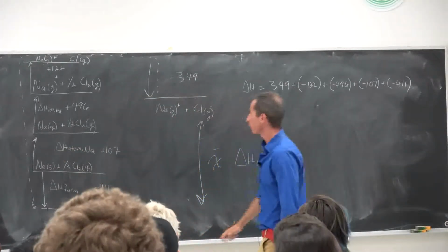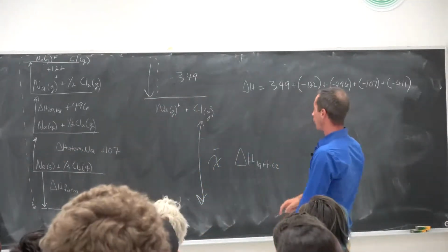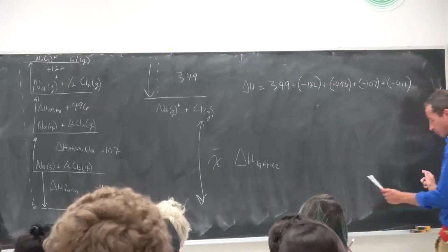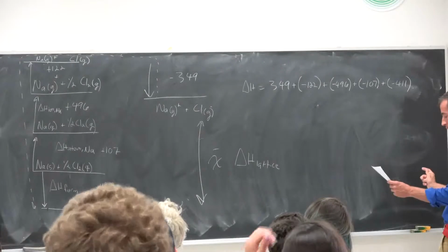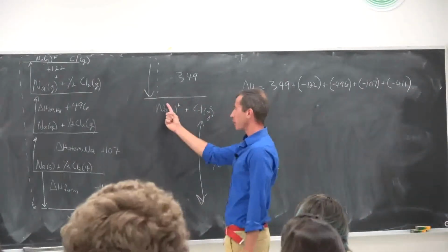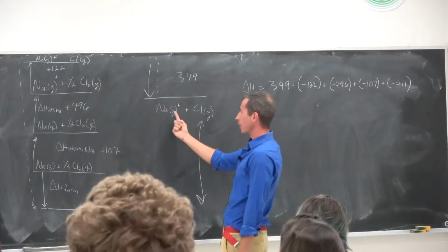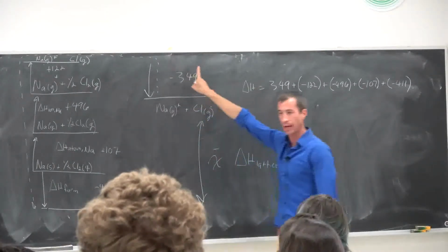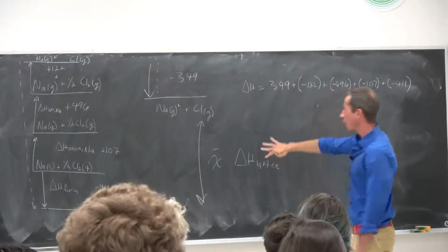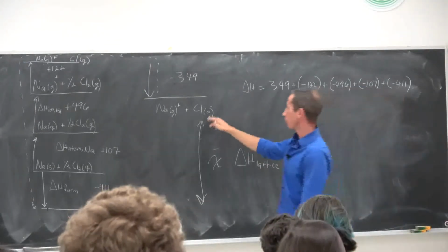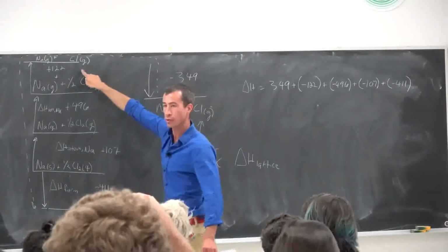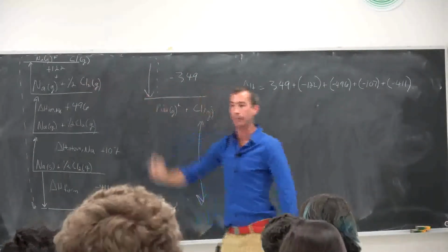But then why was 349 positive? Yeah, you're right. Because the reaction pathway is going against this direction, right? In the overall formation of this, you're going first from gaseous ion against 2 gaseous chlorine atom.